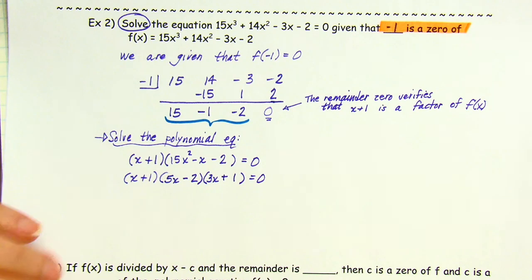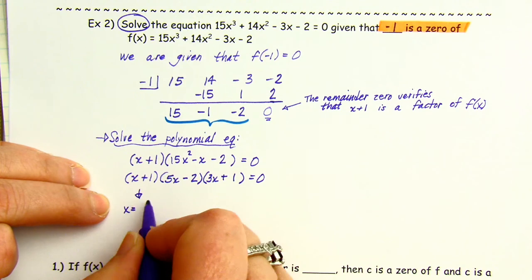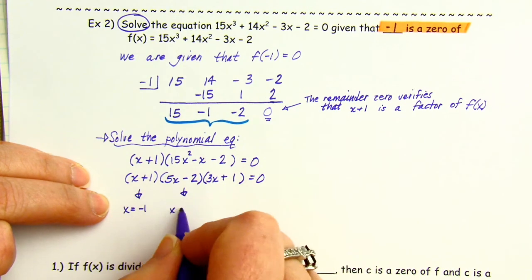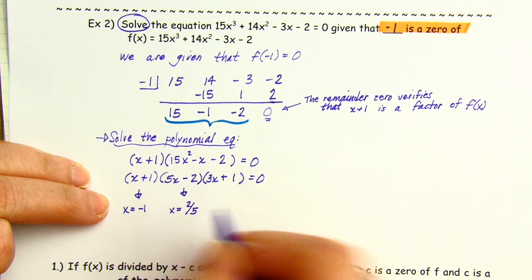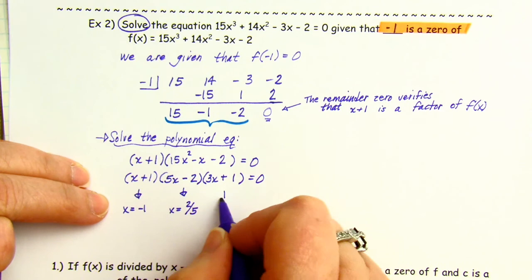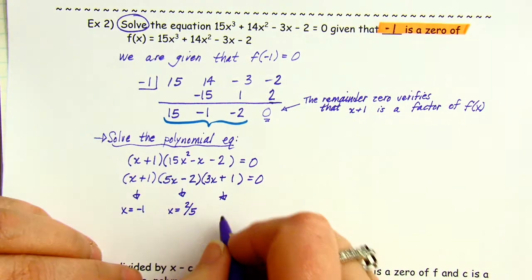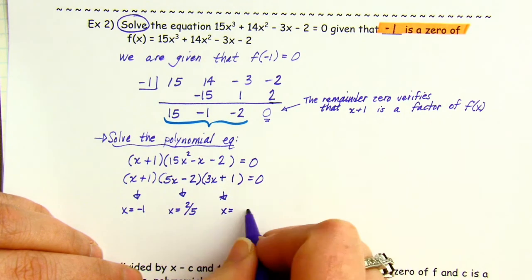Almost done. I have to use ZPP. X equals -1. X equals, change the sign, divide by that, 2/5. X equals, again, I'm using zero product principle without writing it out. Change the sign, divide by what's in front of x, -1/3.